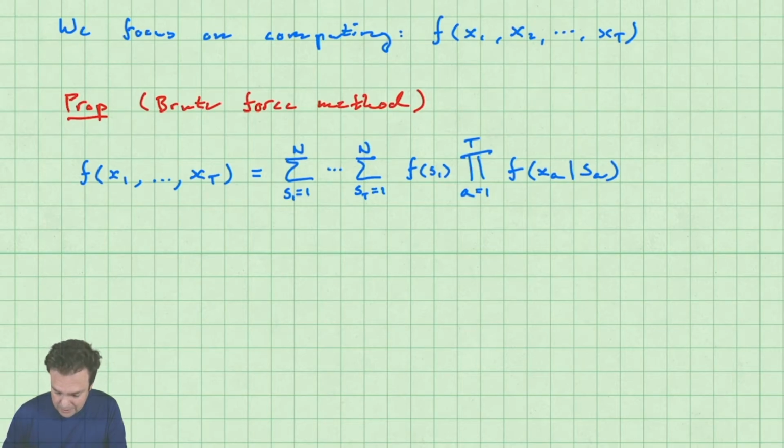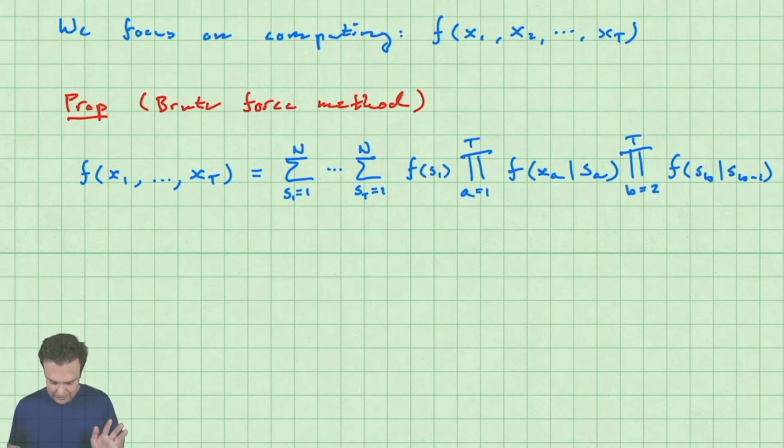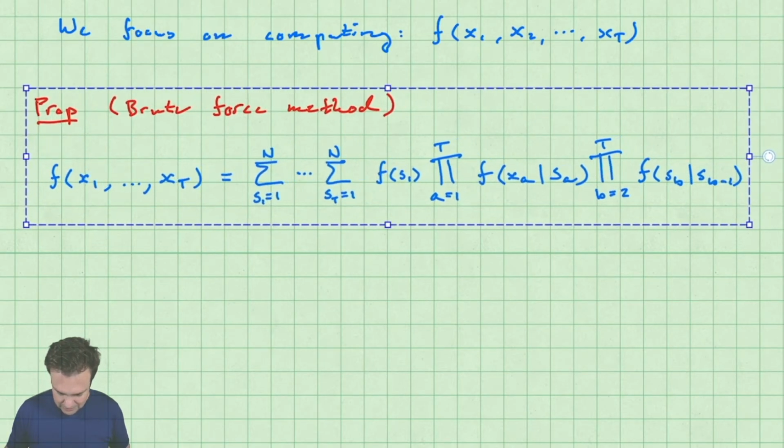And then another product, I think I can fit this in here, for B equaling 2 up to capital T of f of xb. Sorry, got this wrong. These are s's now. SB and then SB minus 1. So it might not be clear to you how this could come to be, but again, we're going to prove this in the next lecture.